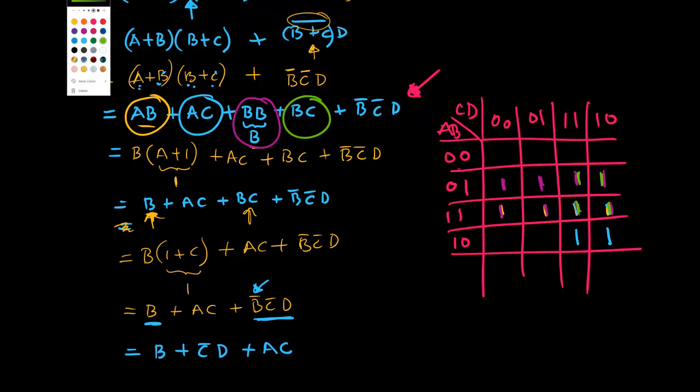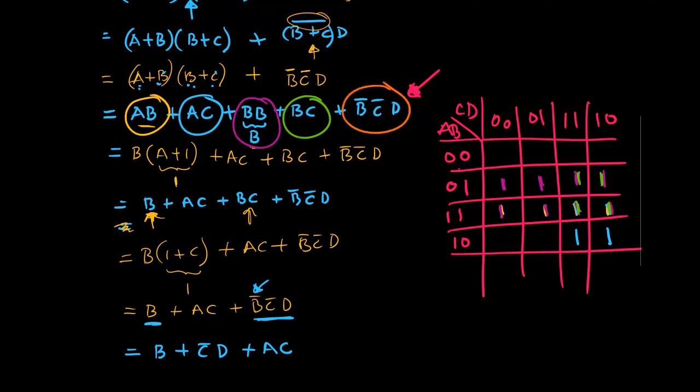So the last term is, let's pick a different color here, maybe orange. This term here is when B is 0, C is 0, because they've got the bars over them. And D is 1.